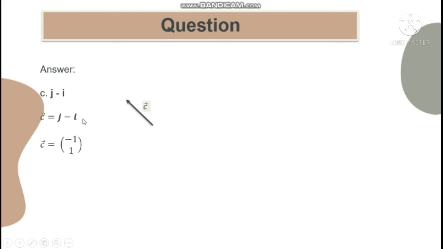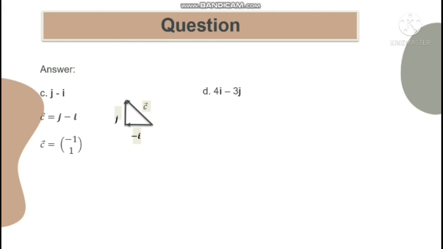This is to illustrate geometrically. Why does vector C point to the left? Because this is negative. This is to illustrate geometrically.